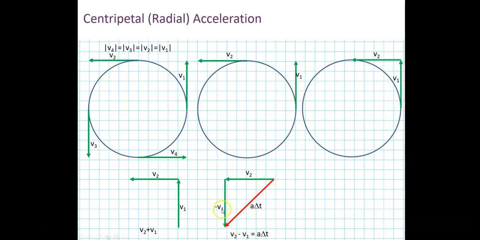Well, you subtract the initial velocity vector onto the other side. And so the addition of V2 plus the negative V1 vector is the acceleration. So this hypotenuse vector, which is the addition of V2 minus V1, that is the acceleration vector.